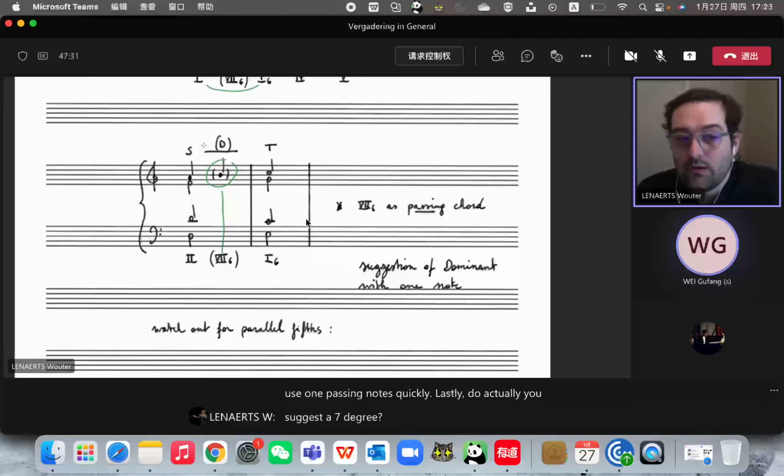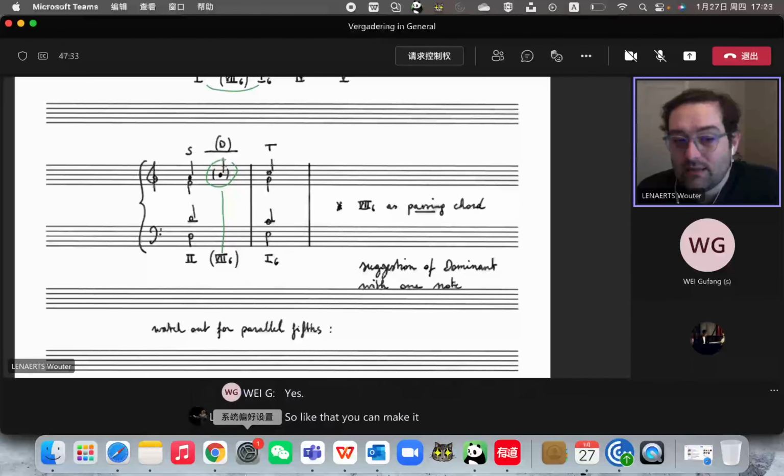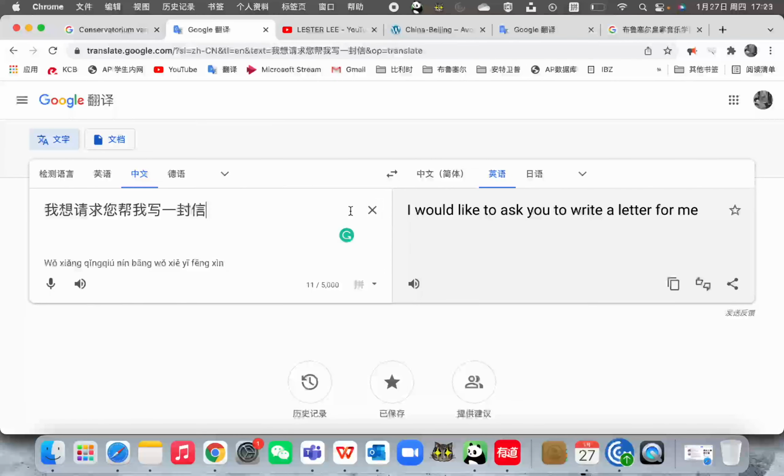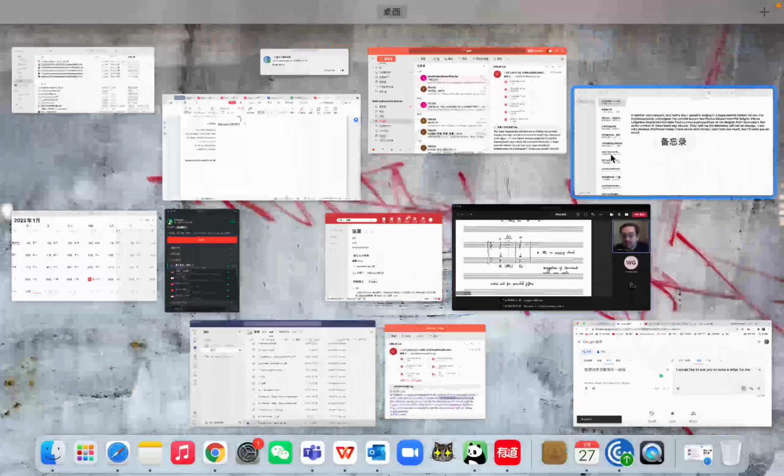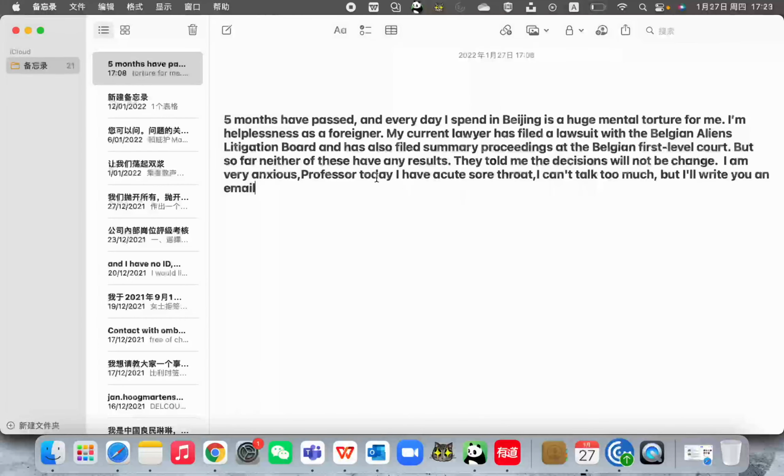Actually, you suggest a 7th degree. Yes. So, like that, you can make a cadence. This, I have to say, is a plagal cadence because it's subdominant tonica. But with one passing note, you get a feeling of dominant, but very little. I have to tell you that this cadence, this is the plagal cadence, is the oldest plagal cadence from the modal time.